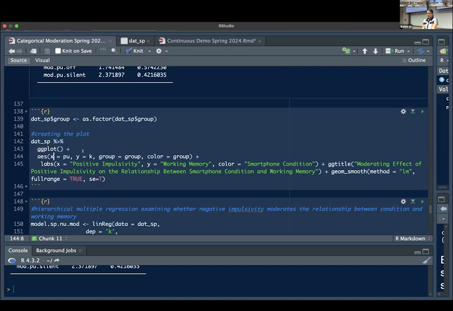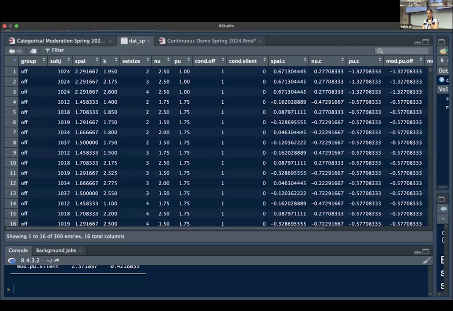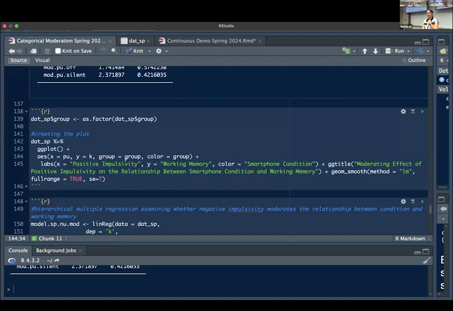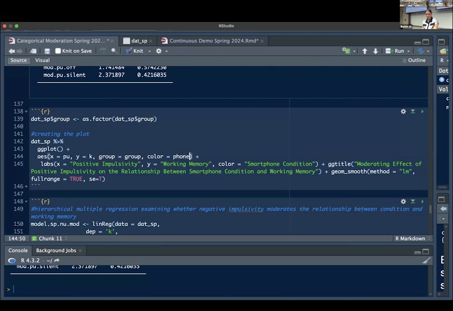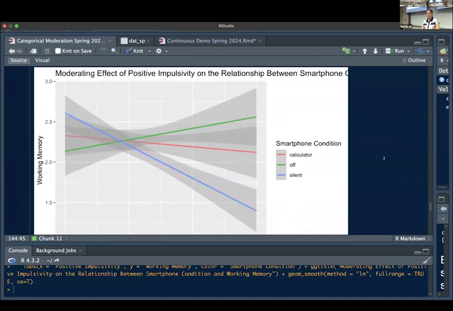X is positive impulsivity, Y is working memory, and group is whatever your moderator is. So it says group equals group. That's because in our data, it happens to be called group. Do you see that? That's very important. Make a note of that. Otherwise, this will be group phone or whatever it's called. Color is also going to be whatever that's called. And here's what that looks like.